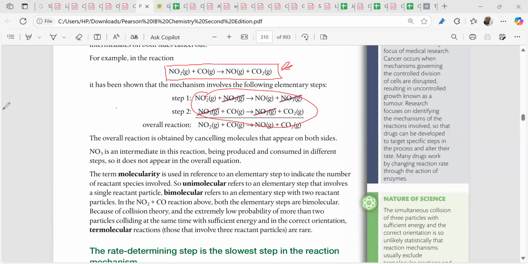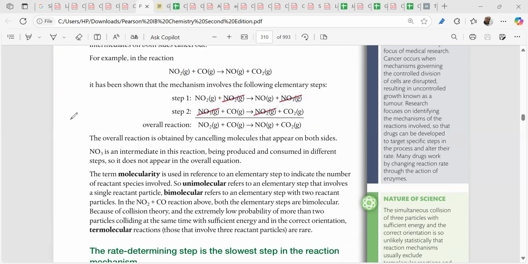NO2 is already in the overall equation, so how can it be an intermediate? I told you intermediates are those which are in the steps but not in the overall equation. So which is the intermediate? NO3.